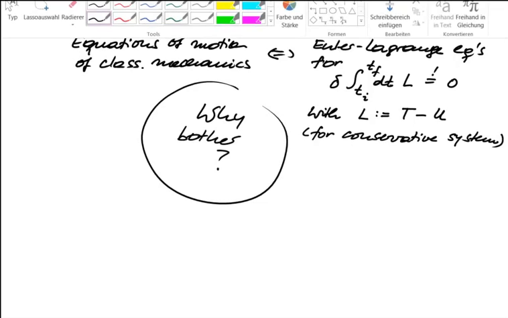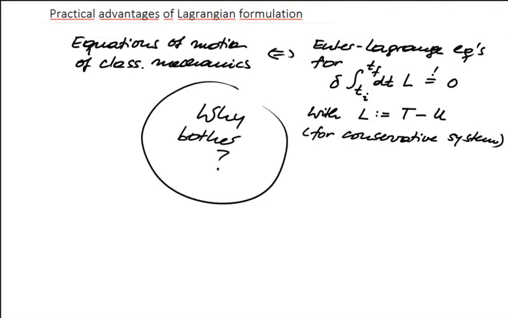The key reason is the following. When I write down the equations of motion of classical mechanics in the usual way, as in Newtonian mechanics, then these equations of motion are always coordinate dependent.